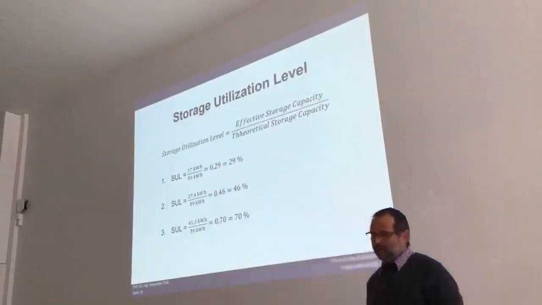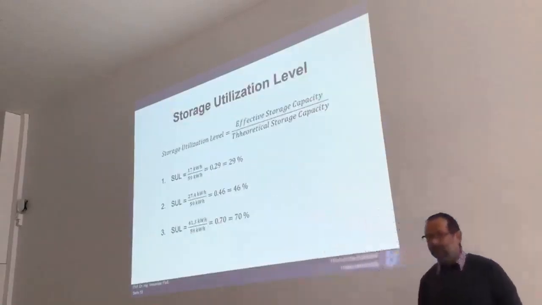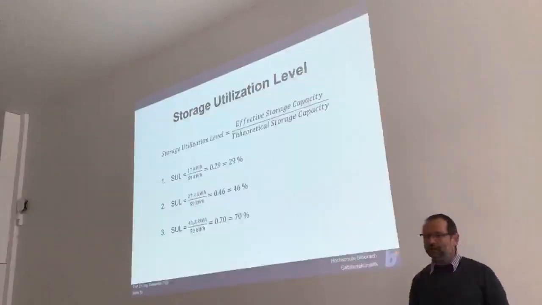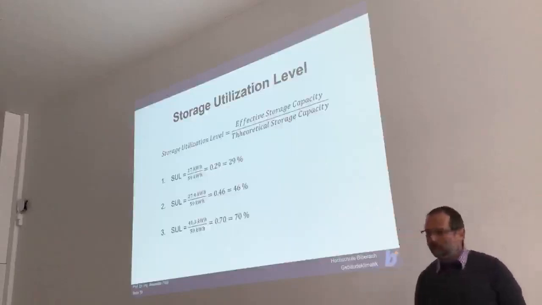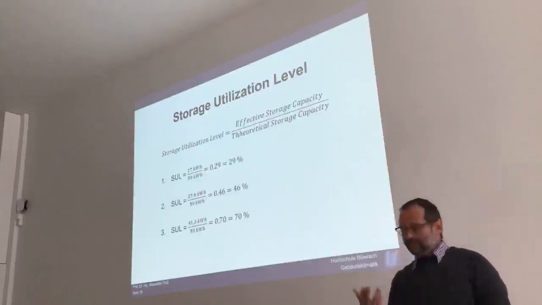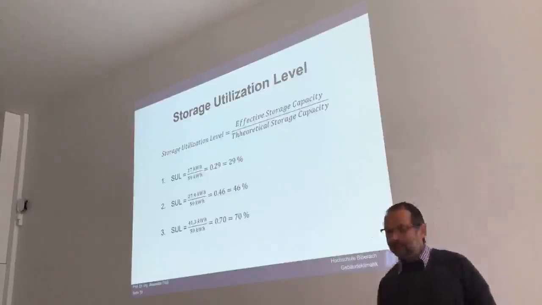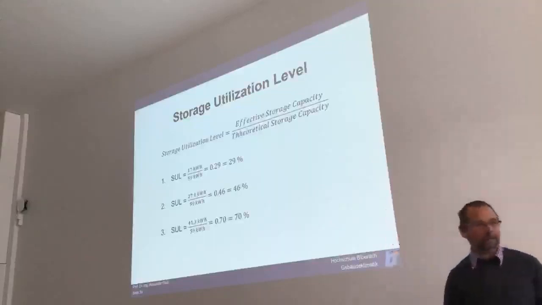Afterwards, we got the idea to define the storage utility level. The storage utility level is defined by the effective storage capacity divided by the theoretical storage capacity. At the very beginning, we had a storage utility level of 17 kilowatt hours divided by 59 kilowatt hours, which is lower than 30%.